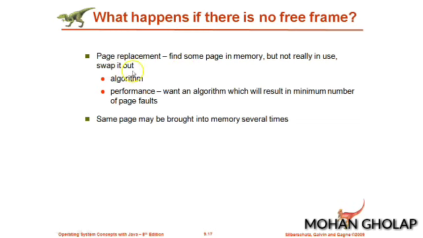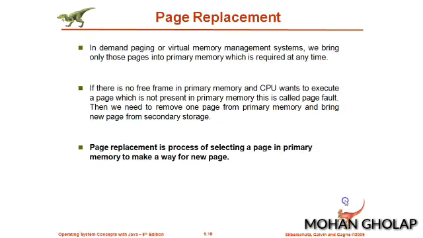We swap out that particular page to the secondary storage, and we swap in the page that is to be loaded. For this we can use a particular algorithm. These algorithms we will see in the next session. After this we will see the concept of page replacement now.